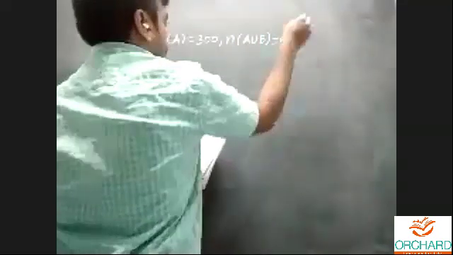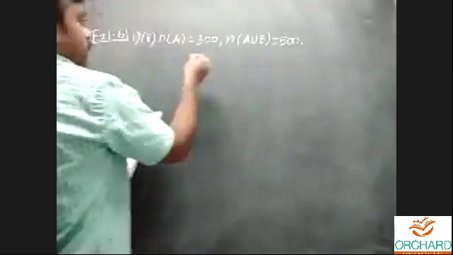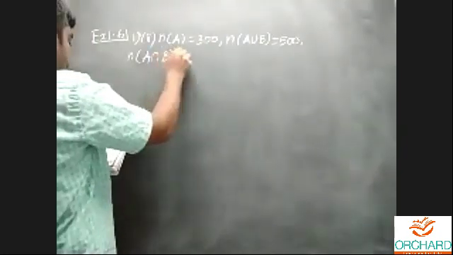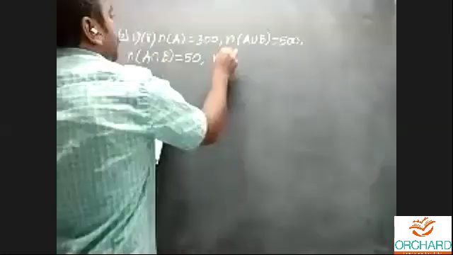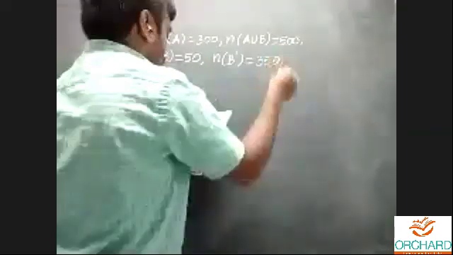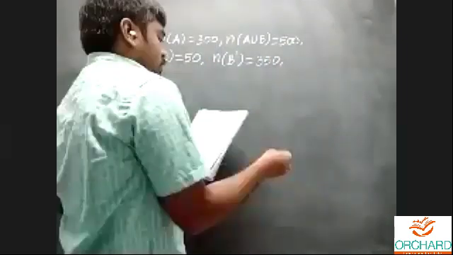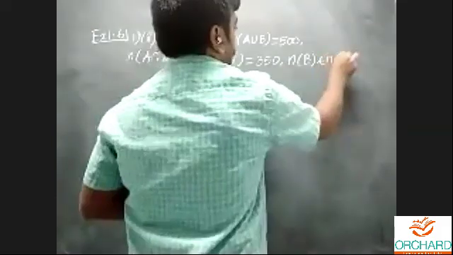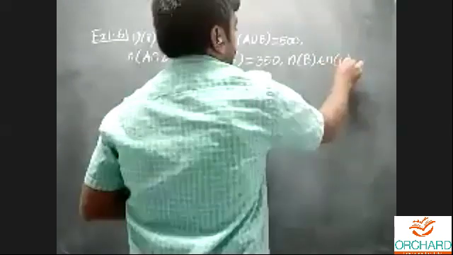N of A intersection B is equal to 50. And N of B dash is equal to 350. Here you want to find N of B and N of the universal set, the number of elements in the universal set. These two pieces of information you want to identify.